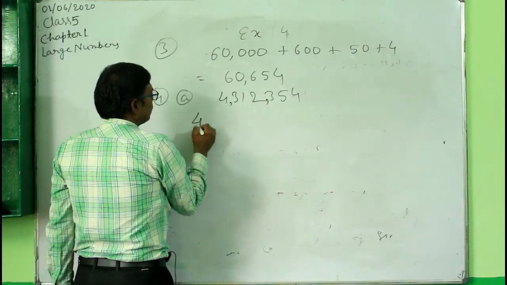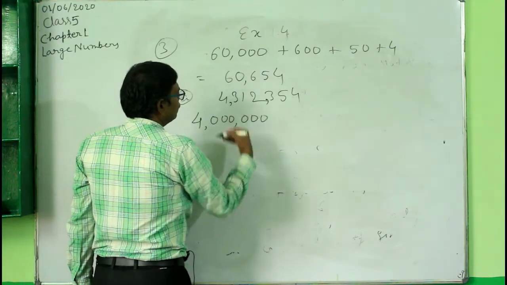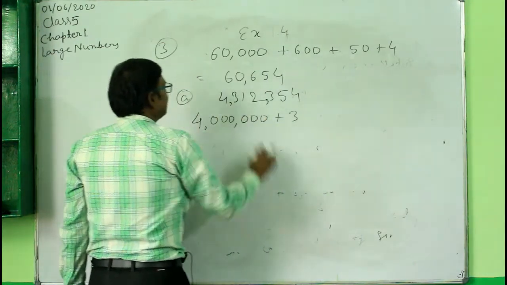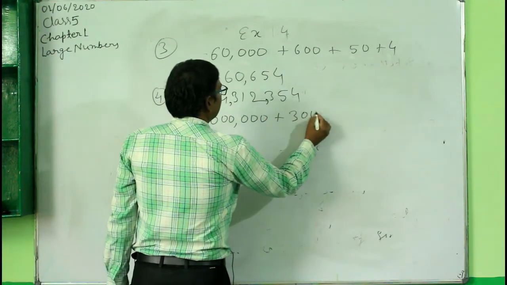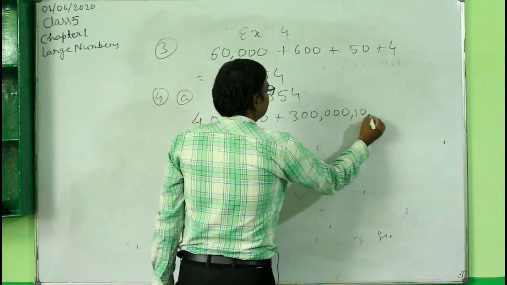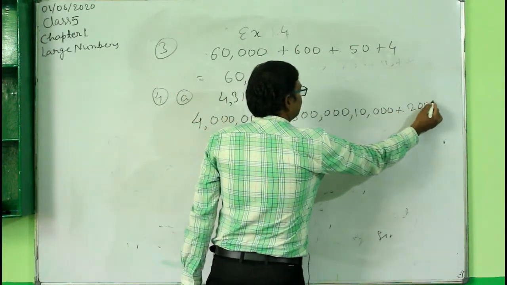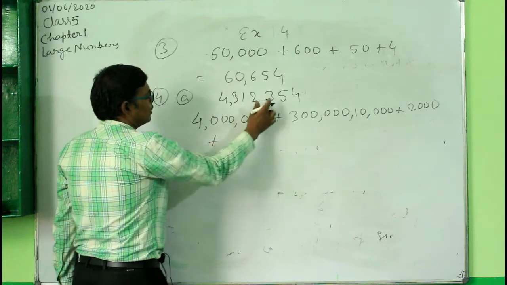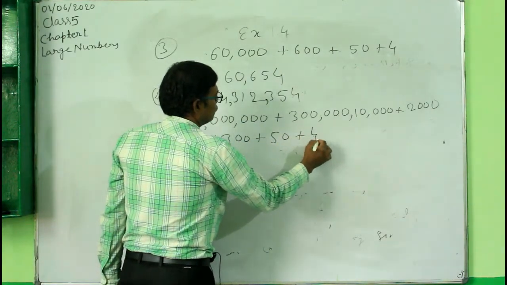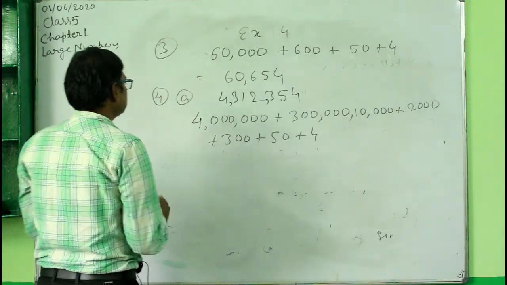It will be 4 million plus 300,000 plus 10,000 plus 2,000 plus 300 plus 50 plus 4. So this is the expanded form of this number in the international system.